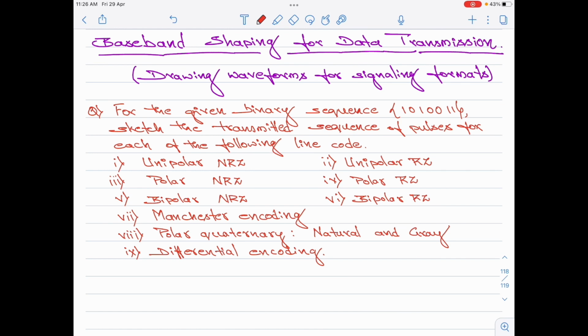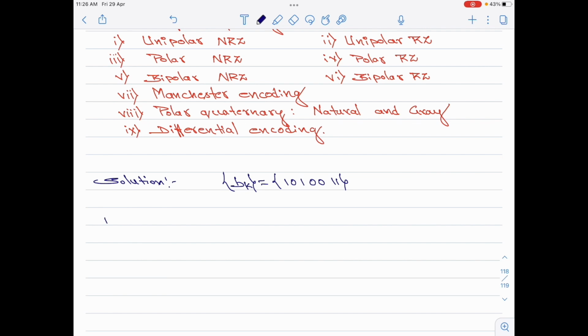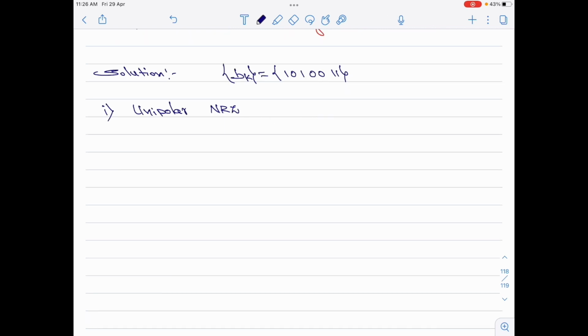Right. Let us now start the solution part. We are given the binary sequence BK as 1010011. I am going to start with the part 1 here, which is unipolar NRZ. Let me first show you how symbol 1 and symbol 0 are represented in unipolar NRZ.